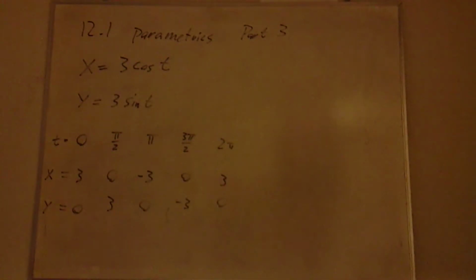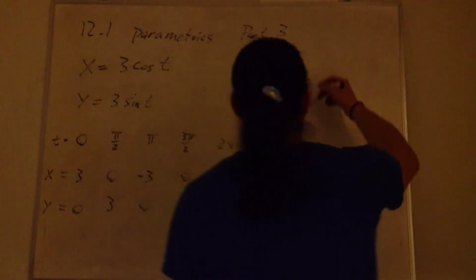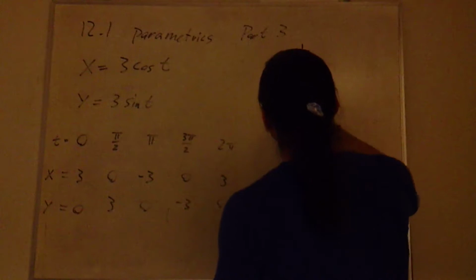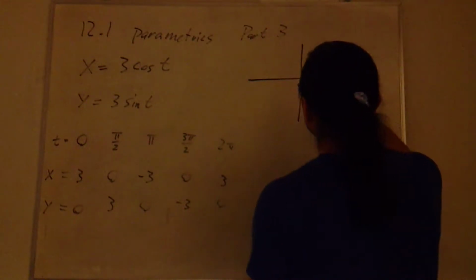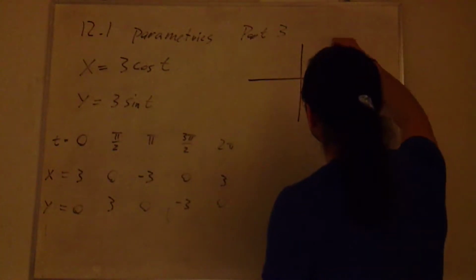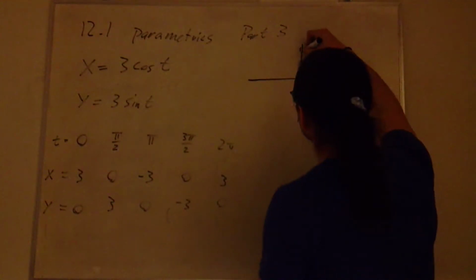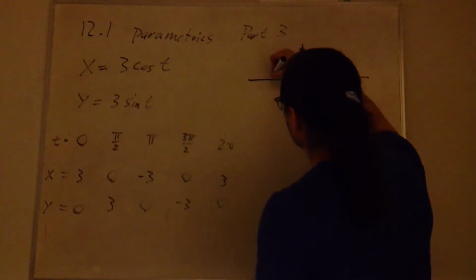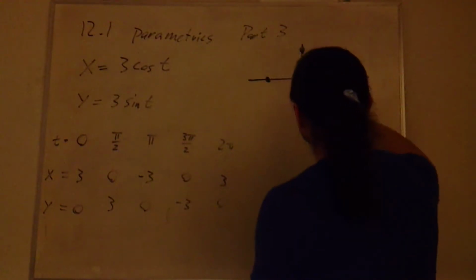So, I'm going to create some coordinate axes and see what this looks like. I'm going to start at 3, 0. I'm going to move to 0, 3. I'm going to go to negative 3, 0.